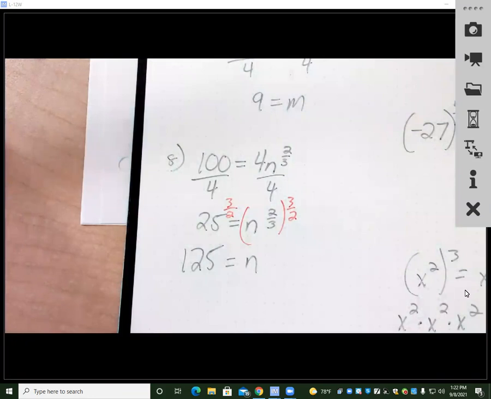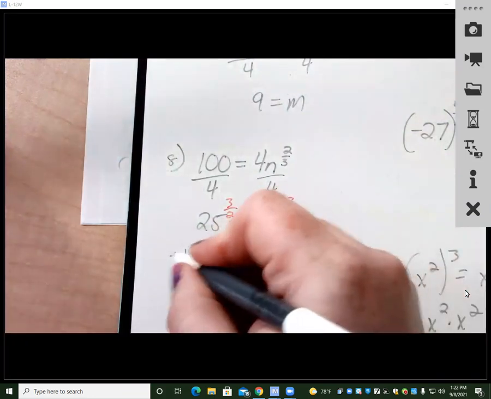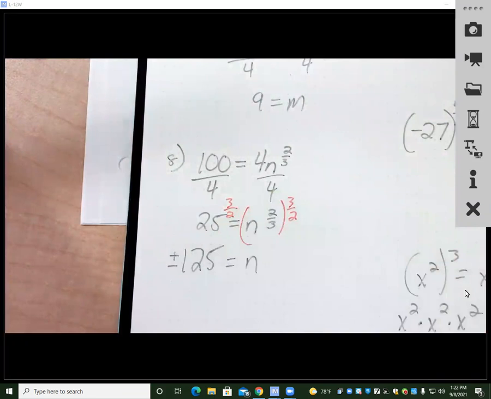Yeah, you're totally right. So I'm going to add a positive negative in front of there. Right, because anytime we're taking a square root, we want to consider both roots. Thank you.